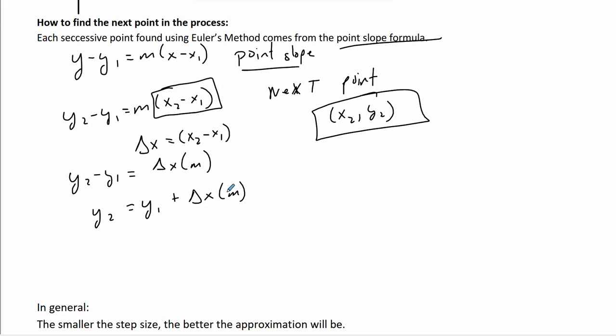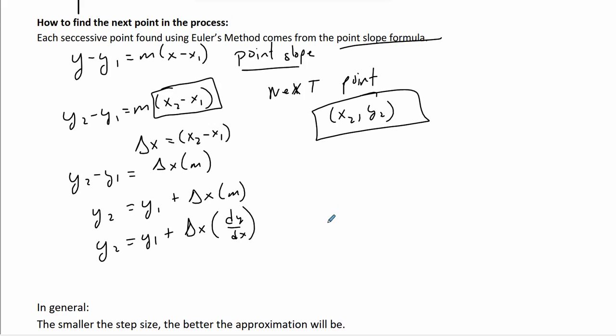But what do we know about m? We know that m is our slope of the tangent line. So I can rewrite that as y2 is equal to y1 plus delta x times dy dx, times whatever that slope is. And that will give us our y sub 2 value.